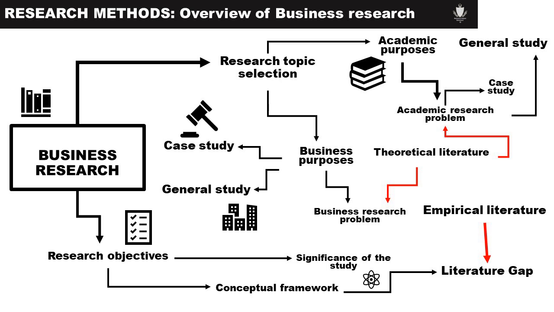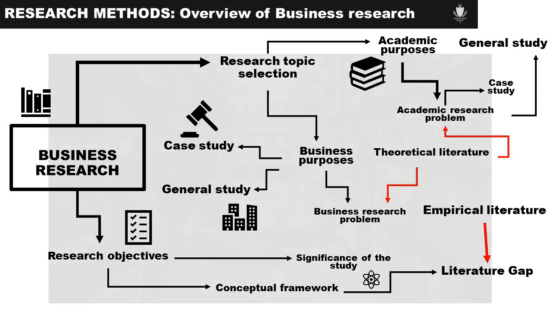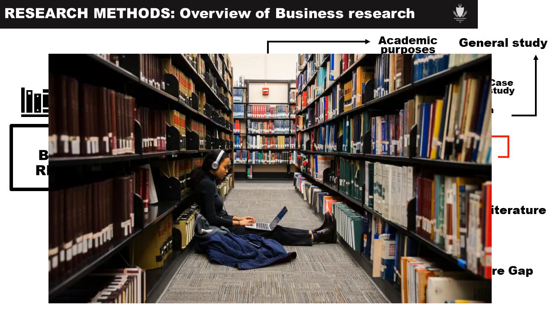So the first thing that you need to understand is that when you are doing research for academic purposes as a student at a particular university, academicians are interested in literature.